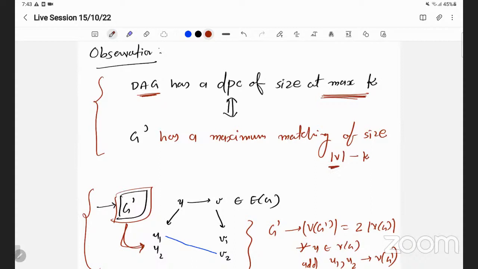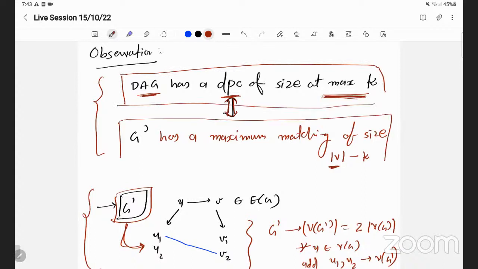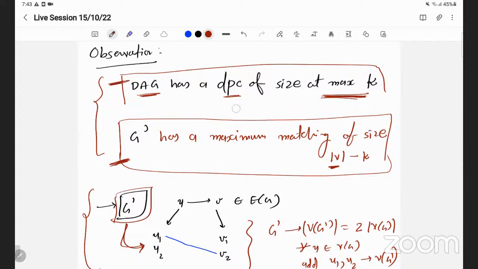And this goes both ways. If G prime has a maximum matching of size V minus k, then the original graph has a disjoint path cover of size at max k. So instead of solving this problem, we can solve that problem, and if it returns yes, then the answer for this problem is also yes, because the implication goes both ways. So this was the main observation.